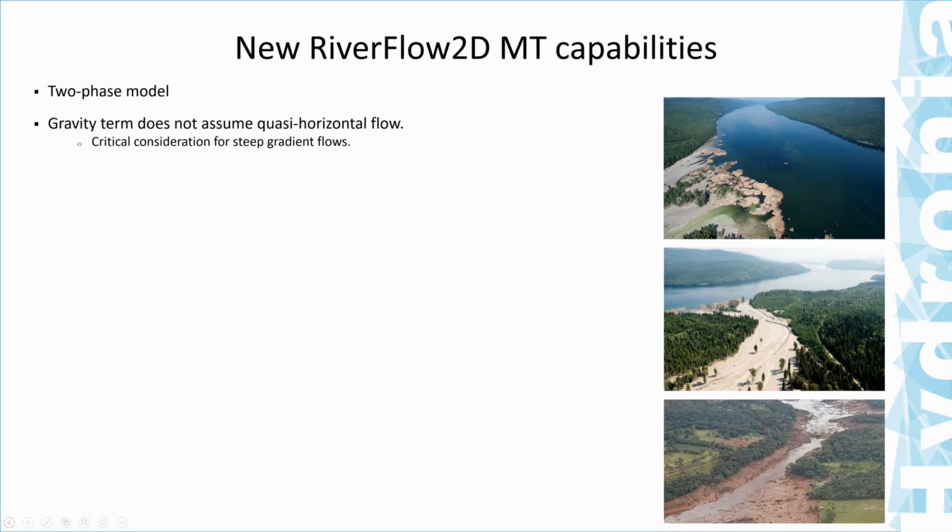One important thing that we added in the new module is that the gravity term now is not assumed to be quasi-horizontal as in the past, and in probably all the models that you can shop around, you will see that the approximation assumes that you have horizontal flow.